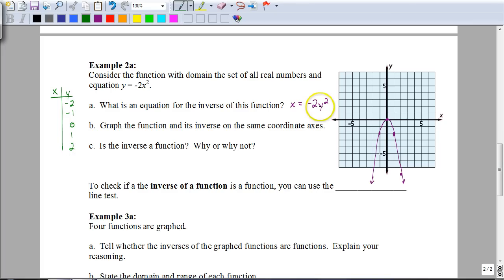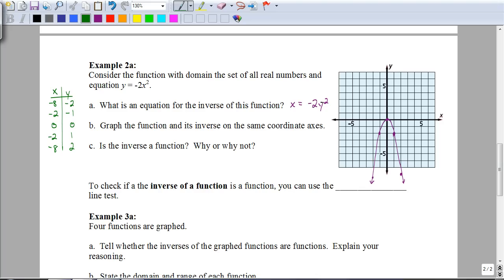If I put negative 2 in for y, negative 2 squared is a positive 4, times negative 2 would be a negative 8. If I put negative 1 in for y, square it, you get a positive 1, times negative 2 would be a negative 2. If I put 0 in there, I'll get 0. If I put 1 in there, 1 squared is 1, times negative 2 is negative 2. And when I put 2 in there for y, I end up getting negative 8 as my answer for x.